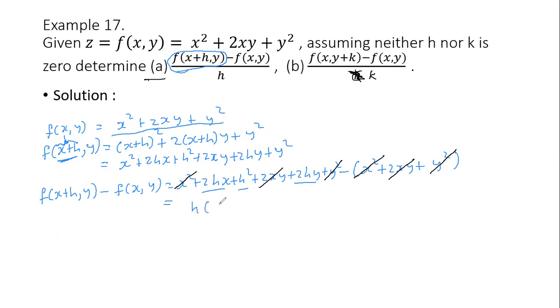Take h out, we get h times 2x plus h plus 2y. This is f of x plus h comma y minus f of x comma y.